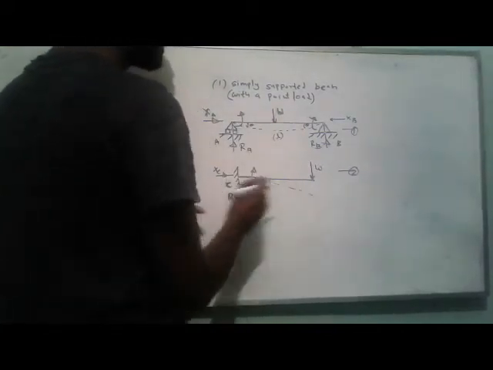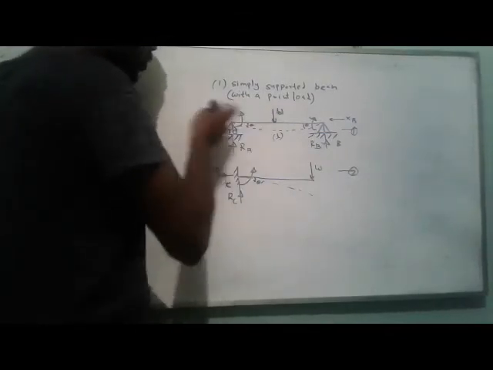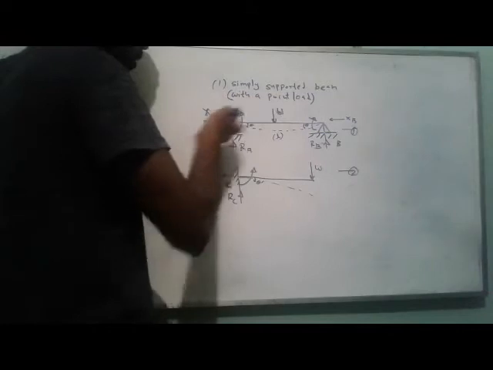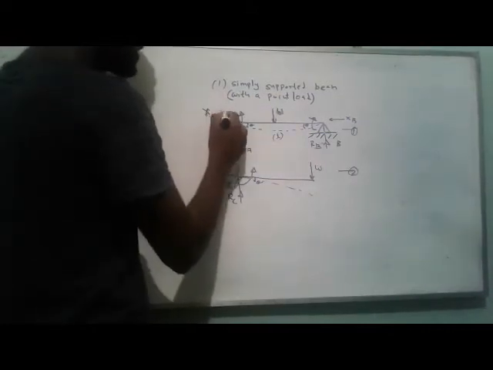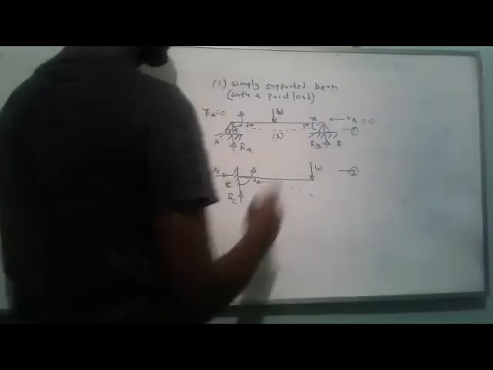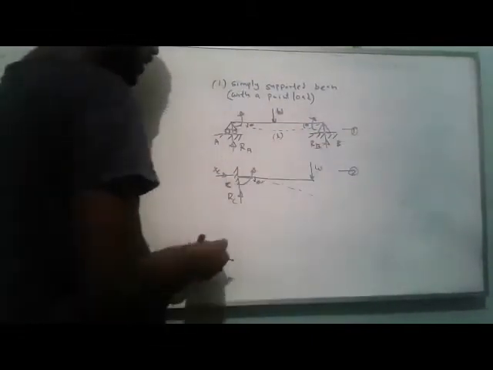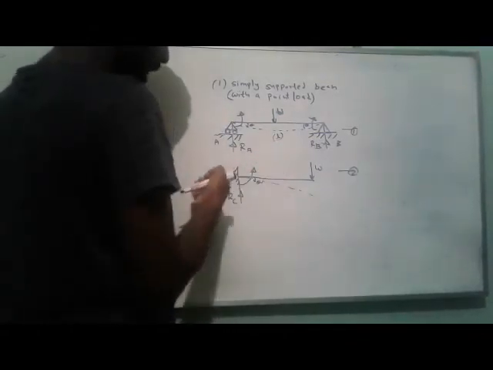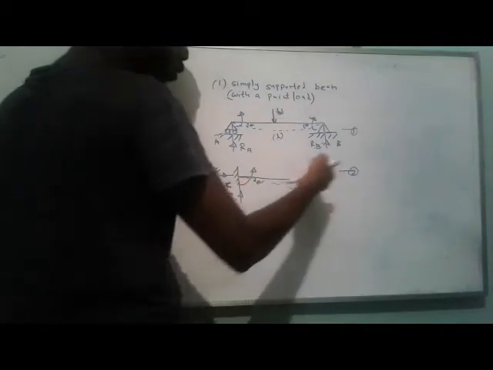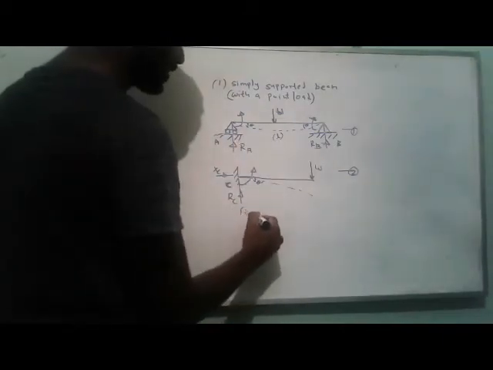Therefore, here it is free to move in the horizontal direction, so XA is equal to 0, XB is equal to 0, no horizontal forces here. And in this second system, it cannot move horizontally because this is a fixed end.